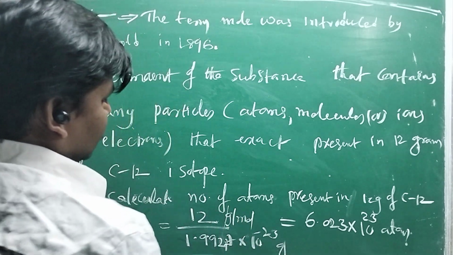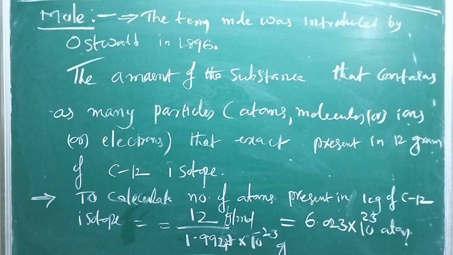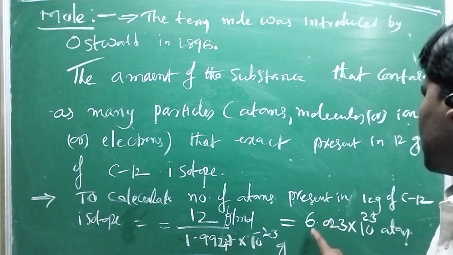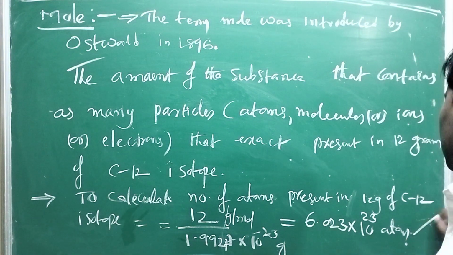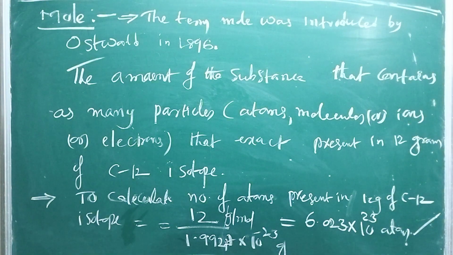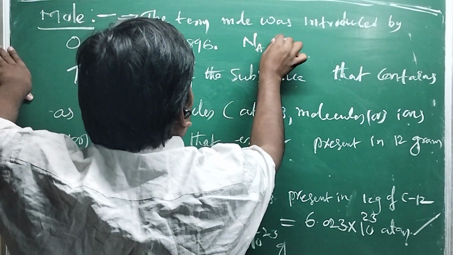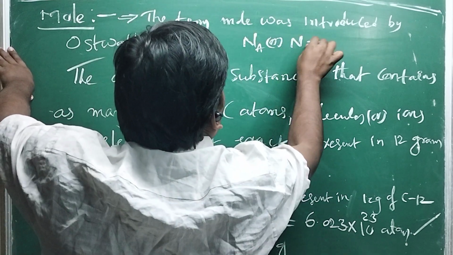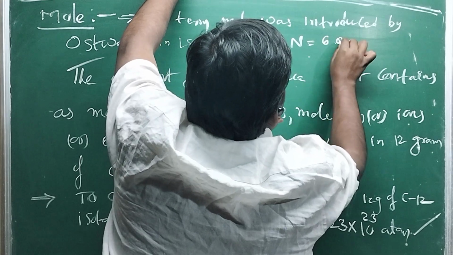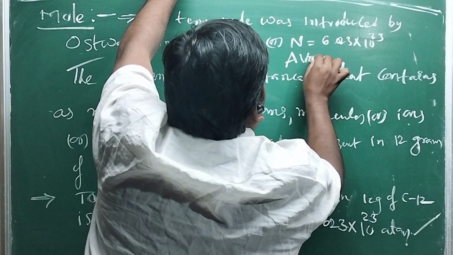So that is 1 mole. 1 mole is equal to 6.023 into 10 to the power 23 atoms, or the number of atoms in a mole. This number is indicated by the symbol Na, or simply N, and it is called the Avogadro number.